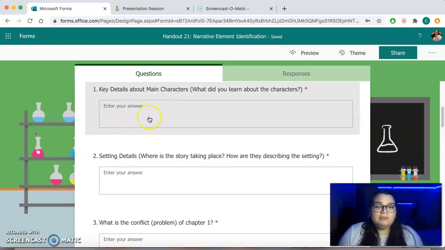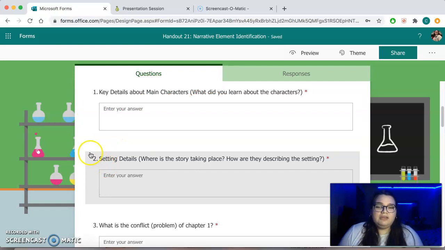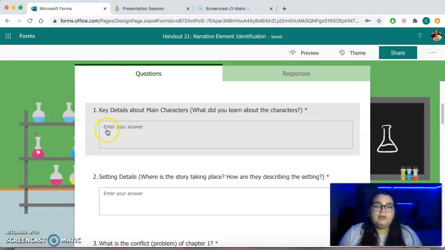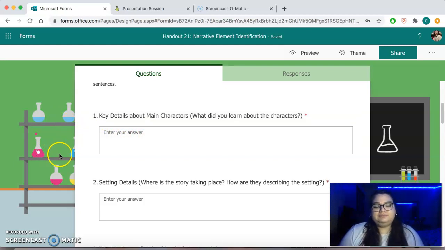You can talk about the midwife, right? Go ahead and just tell me any key details about the characters. And again, I don't want just words. Make sure that you are writing in complete sentences. So you can say something like, the key details about Beetle is that blank, blank, blank. The key details about the midwife is blank, blank, blank, right?